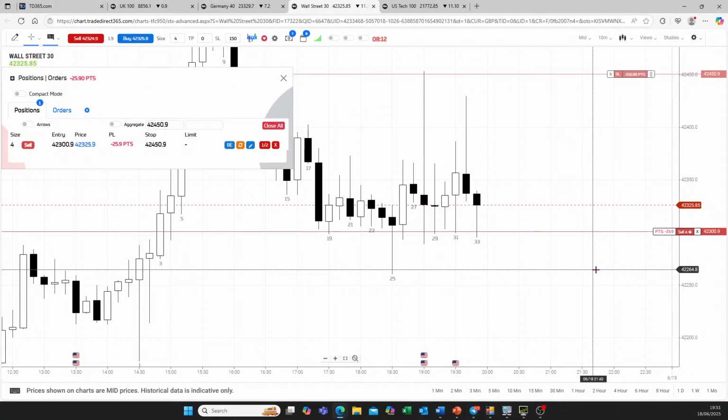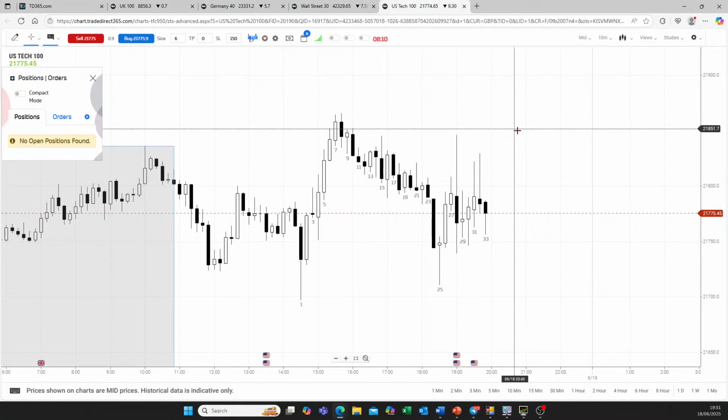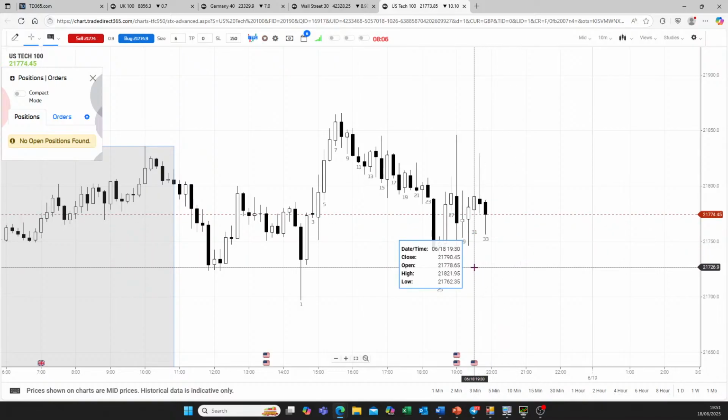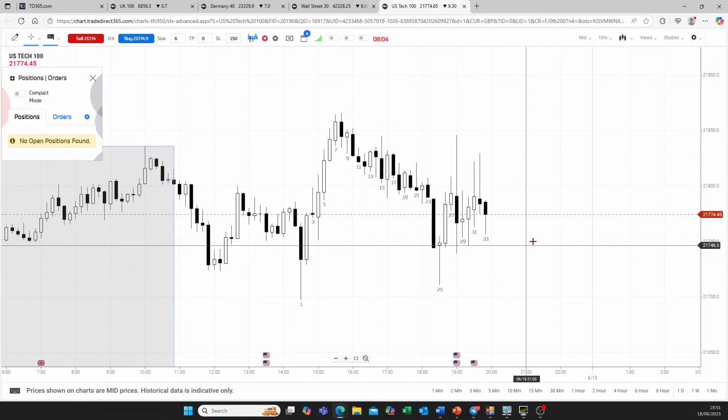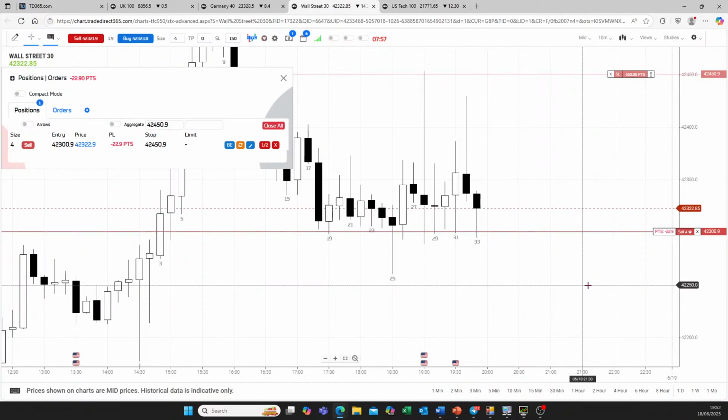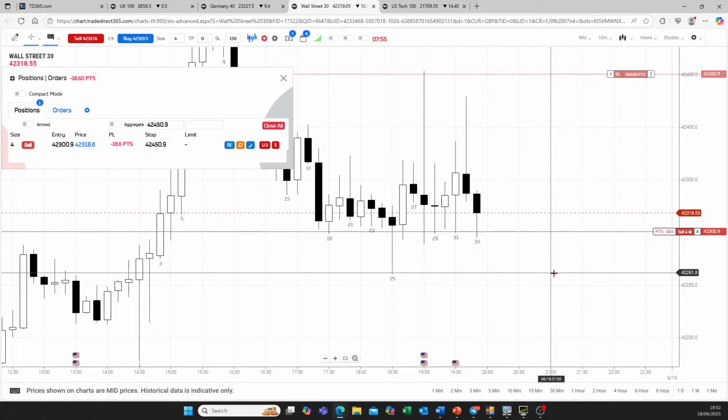I'm not gonna execute a short in the Nasdaq at 62 low, even though bar 33 took out 31, just because it feels like there's really no meaningful direction.